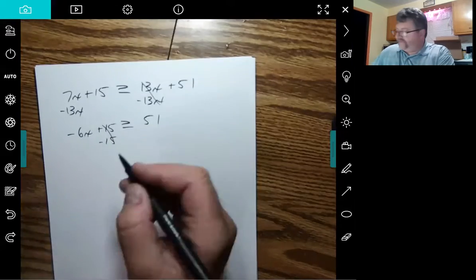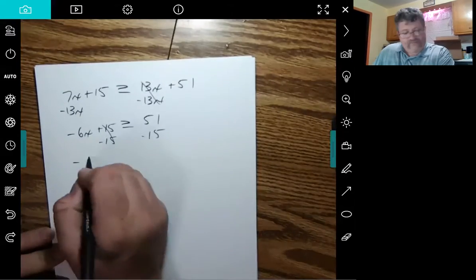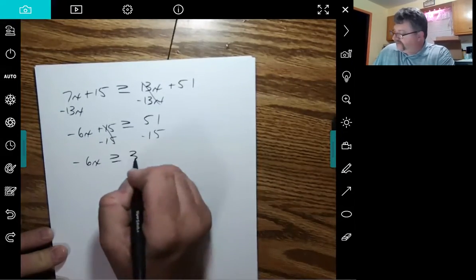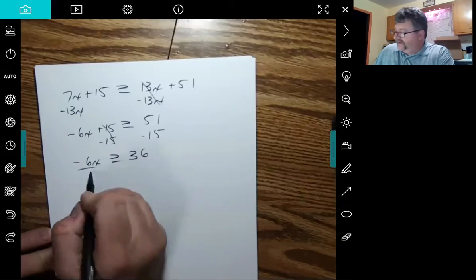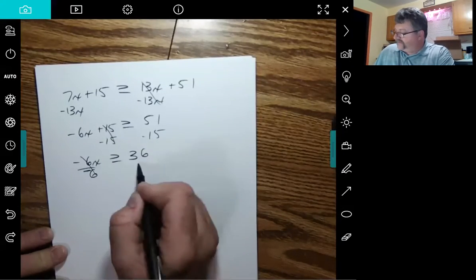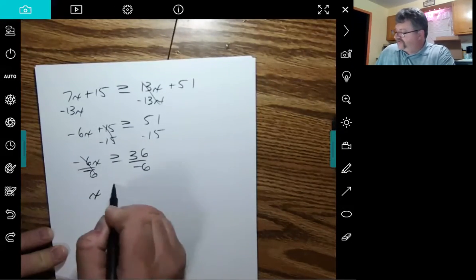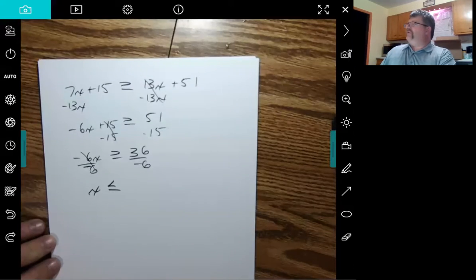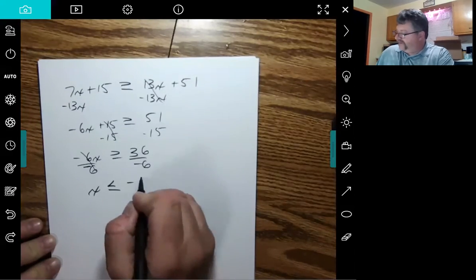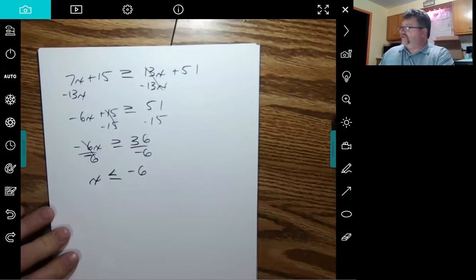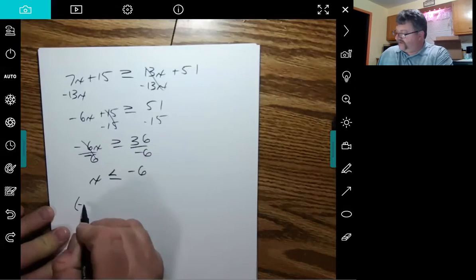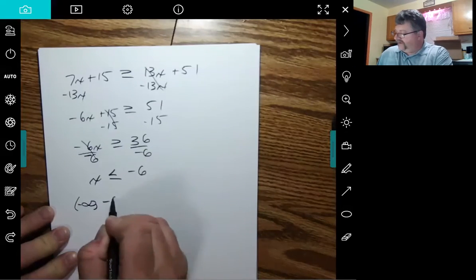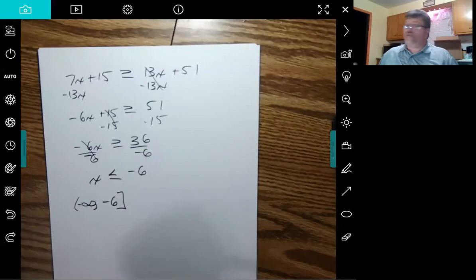And then I'm going to subtract 15 from both sides. -6x is greater than or equal to 36. Divide by -6. Divide, change the inequality, do the old switcheroo on the inequality. x is less than or equal to -6. Less than means all numbers from negative infinity up to -6, including -6, so it gets a square bracket.